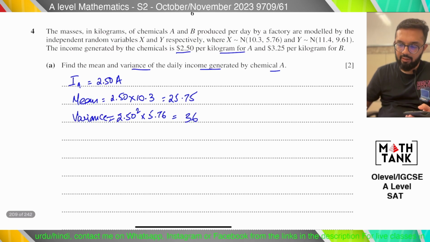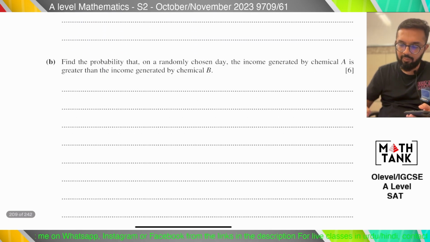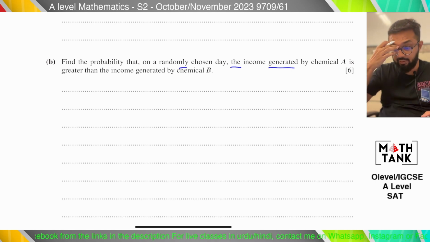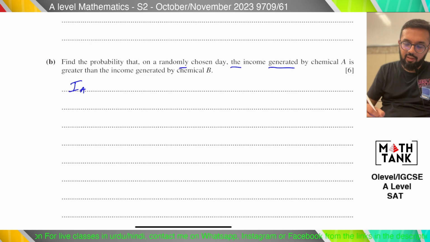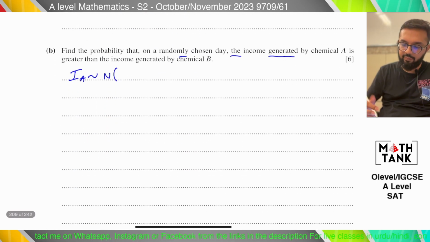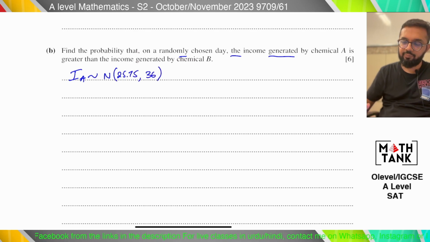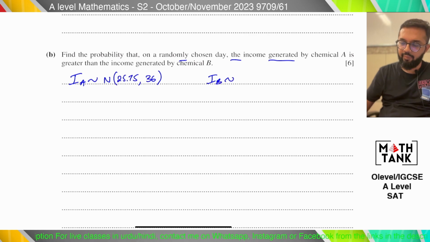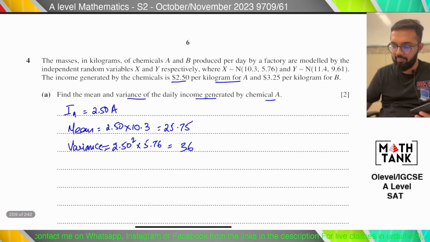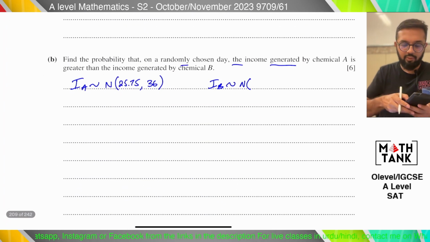Okay, this is 2 marks. And the probability that on a randomly chosen day, the income generated by chemical A is greater than the income generated by chemical B. So income generated by chemical A follows a normal distribution with what I just found out, 25.75, 36. But I haven't found out income B, so I'm also going to do that first and then go on to the question that is there. It's 3.25 times 11.4.